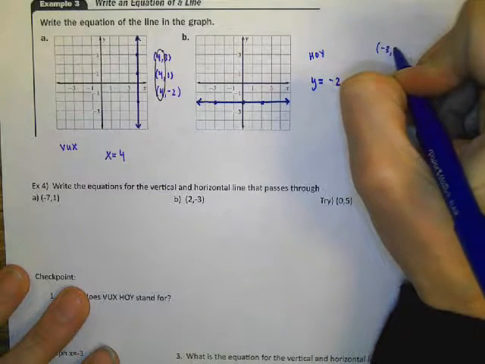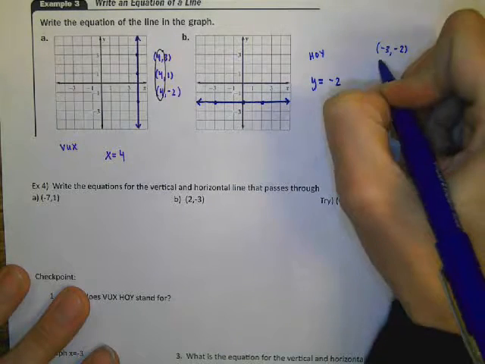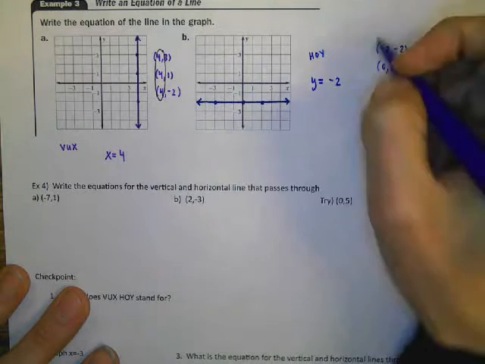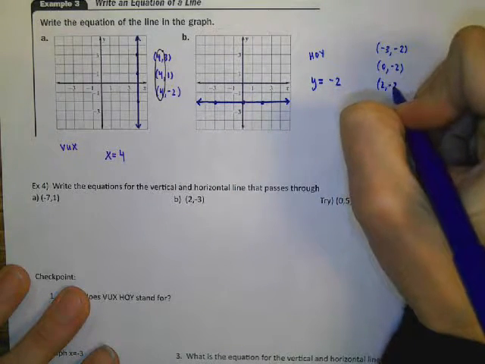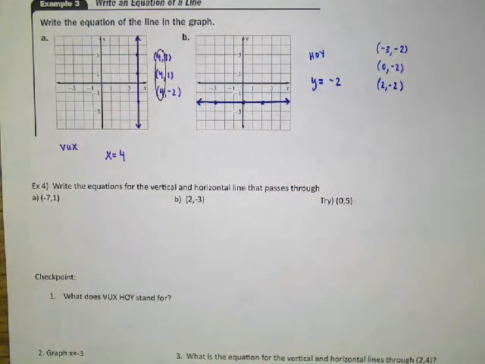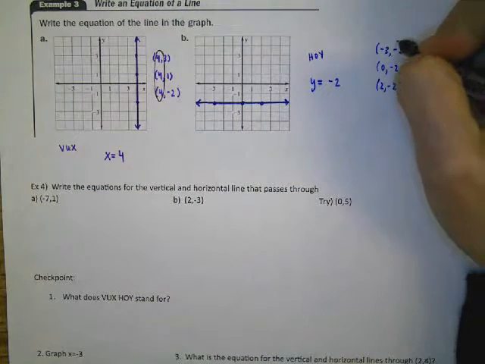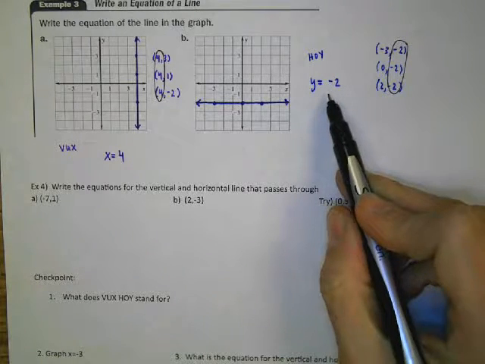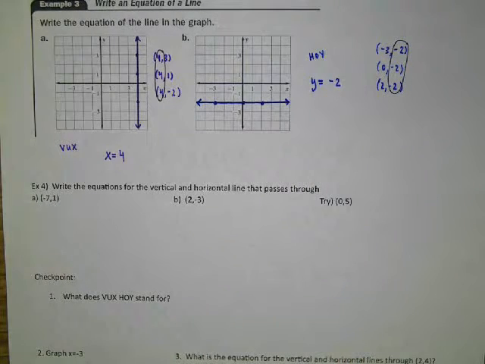And so I've got (-3, -2), (0, -2), looks like (2, -2). And so if I look at those 3 points, I notice my y-coordinate is always -2, so my equation is y equals -2.